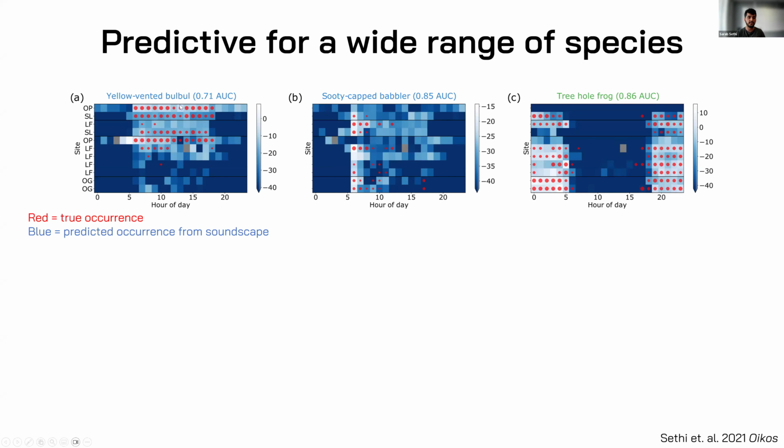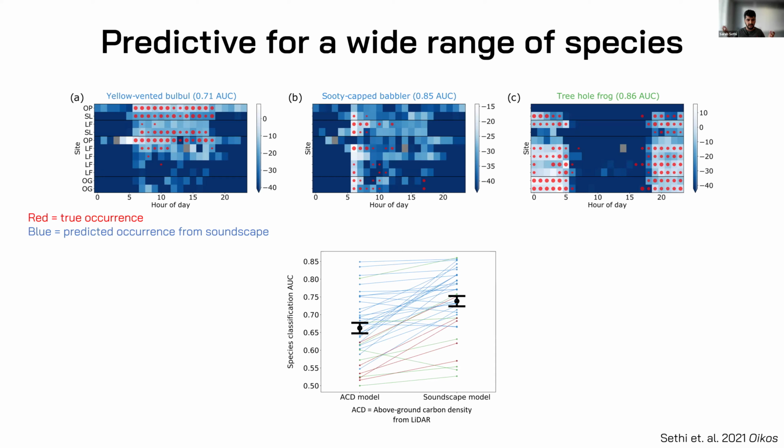So this worked for both diurnal species, such as the yellow-vented bulbul, which was found most commonly in poorer quality habitat, the sooty-capped babbler, which vocalized and was found almost exclusively in the dawn chorus, but almost across all habitats, and then the treehole frog, which was a nocturnal species and was found across most habitats. And we could predict where we might find these species from ground surveys just from the soundscape data, but without ever knowing what these species sounded like.